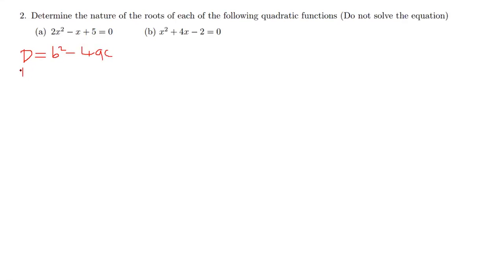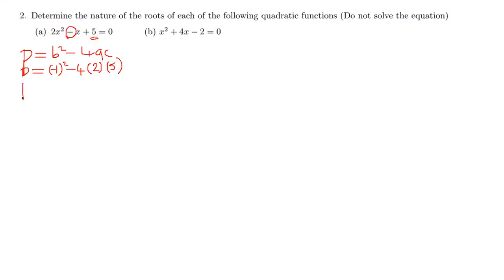So the value of D is equal to B squared. B here, the coefficient of x, is -1. So we're going to say (-1) squared minus 4, and then A is equal to 2, and our C is simply the constant, which is 5.